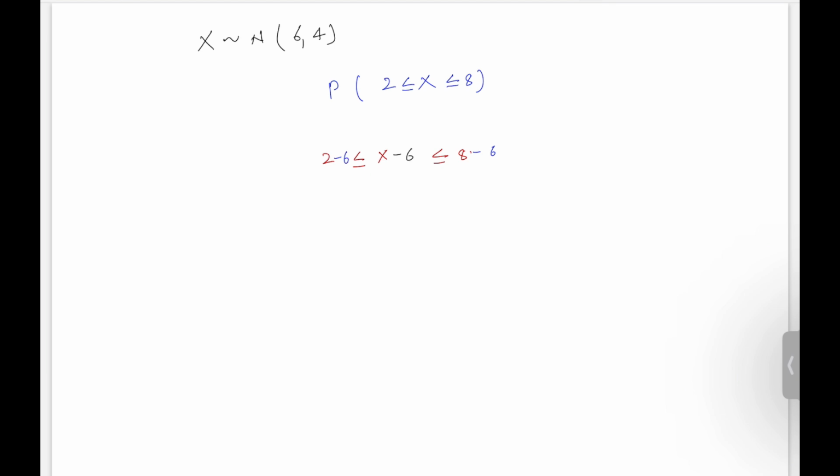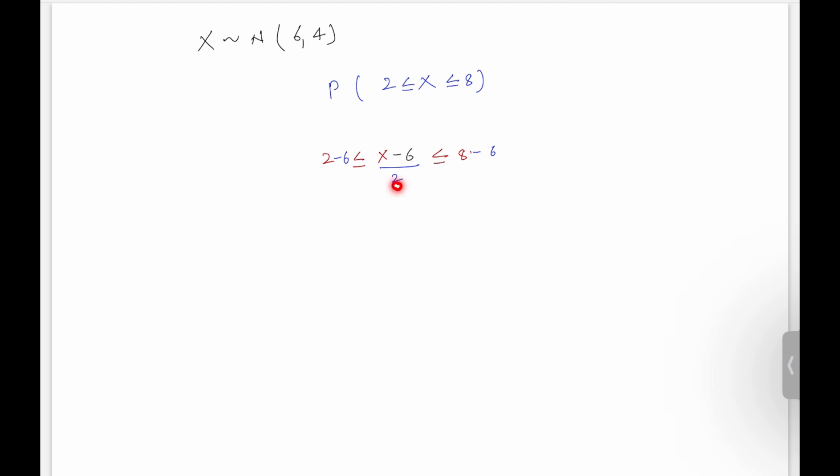Now we have to make the variance 1, or the standard deviation 1, in order to standardize the general normal random variable. We have already shifted the mean. Now we also have to make the variance 1, so we are going to scale by 2.